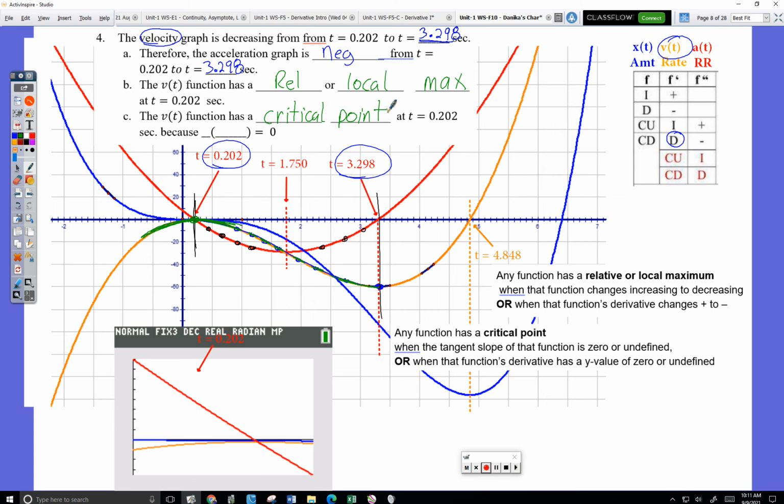And the critical point of the velocity is exactly the same place where the acceleration has a y-coordinate of 0. So again, the packet is all about how things associate with each other. So, questions? Sweet. Next one.